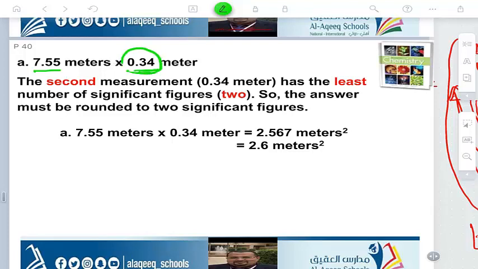How come? Look, the process is, the answer is 2.567 meters. So you have to write it in 2 significant figures only. 2 point 5 and make round. Make it 5 instead if this is less than 5. Still 5 here.